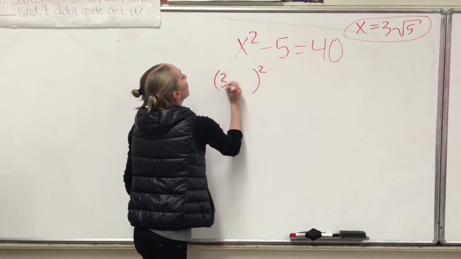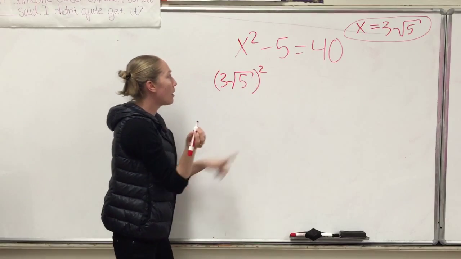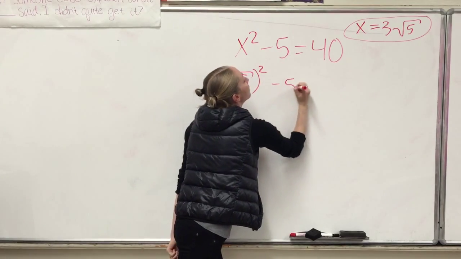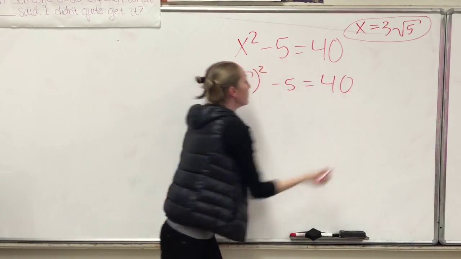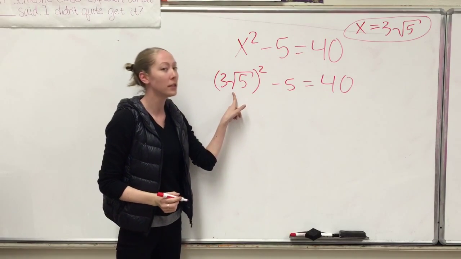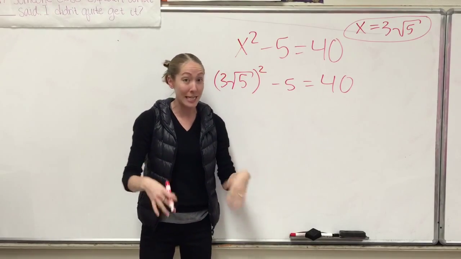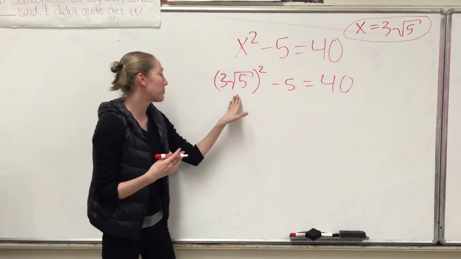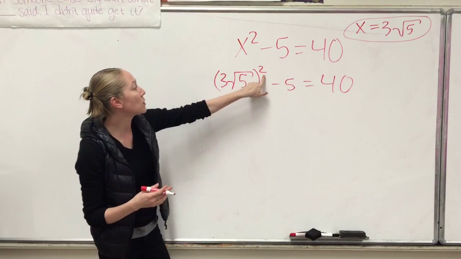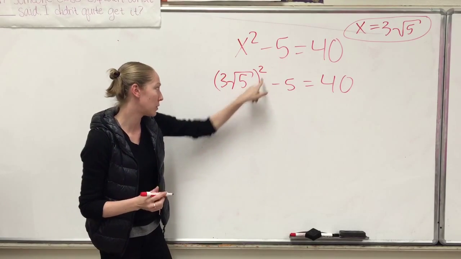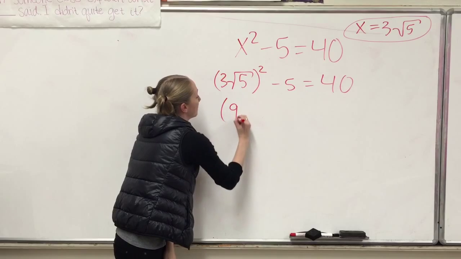All right, so here we go. Minus 5 equals 40. This part's weird. It's okay. Now this is where we're getting to kind of juggling exponent properties and radical properties too. 3 squared, guys, is going to be equal to 9.